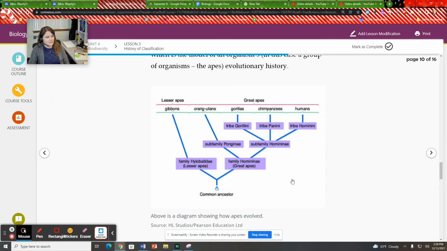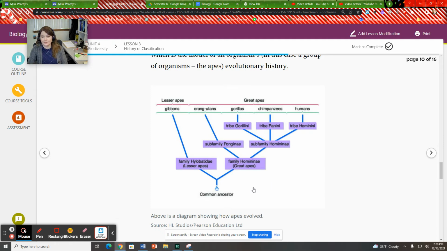And this is what's known as a phylogenetic tree. What a phylogenetic tree does is marry the whole dichotomous key with the whole classification system. So now we start with our common ancestor. That's the trunk of the tree. And from there, we branch out into two.